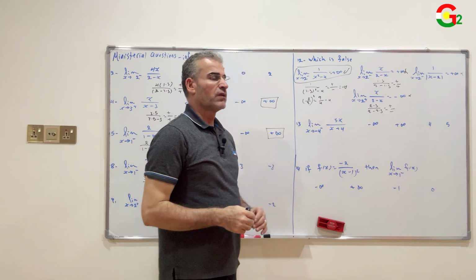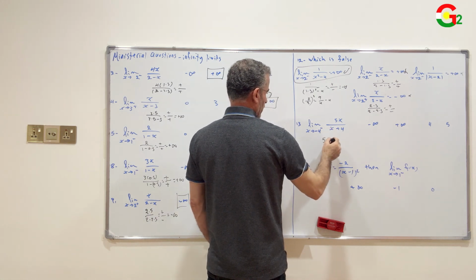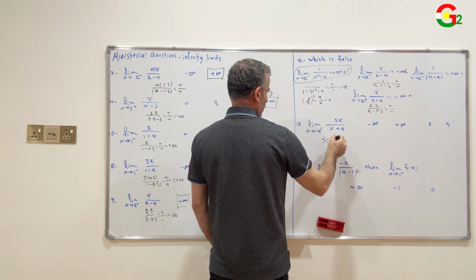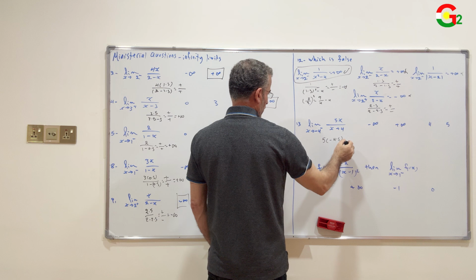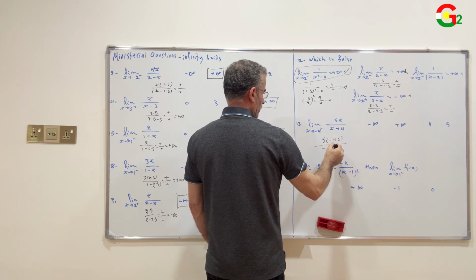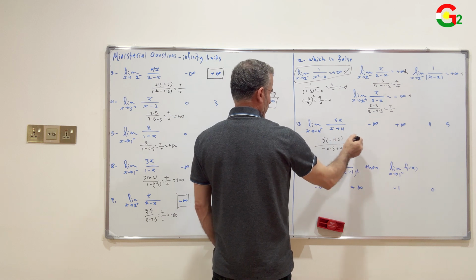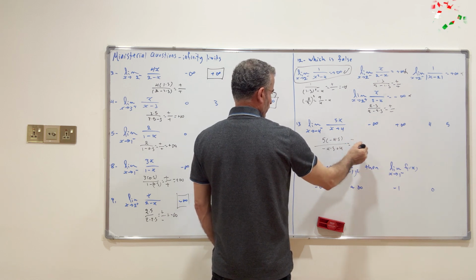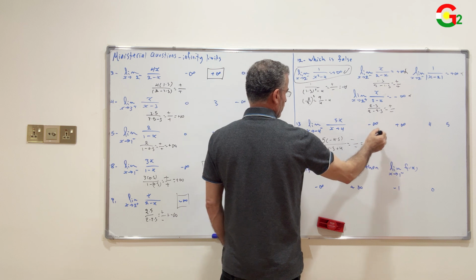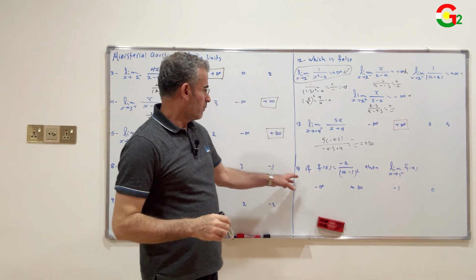Number 13. X approaches negative 4 from left. It is negative 4.5. Substitute every x with negative 4.5. Negative 4.5 plus 4 equals negative value over negative value equals positive infinity. Choice B. Number 14.